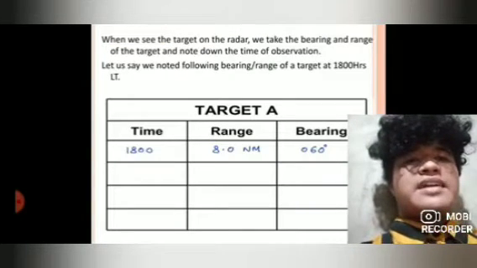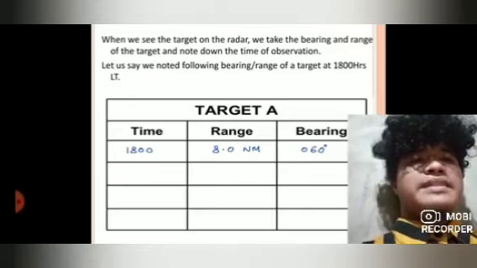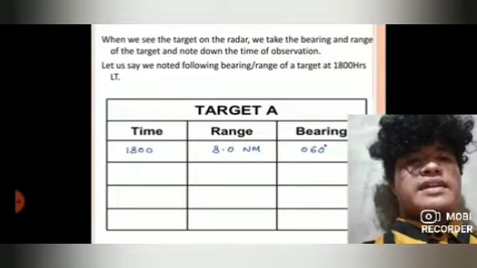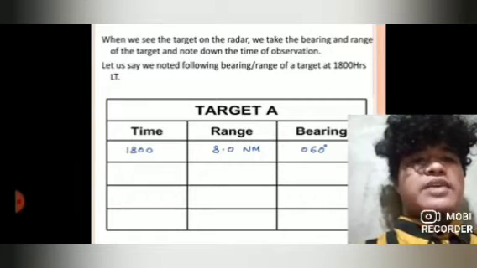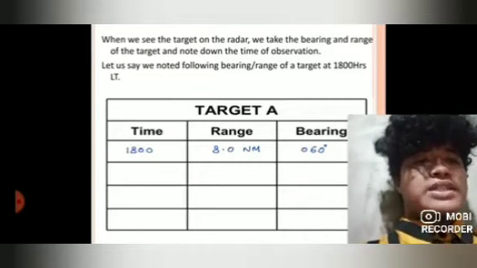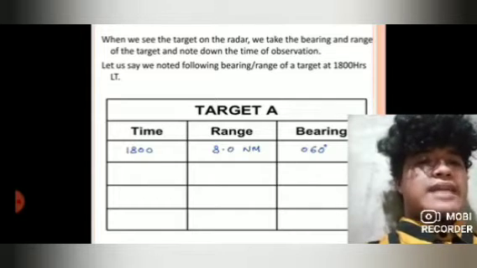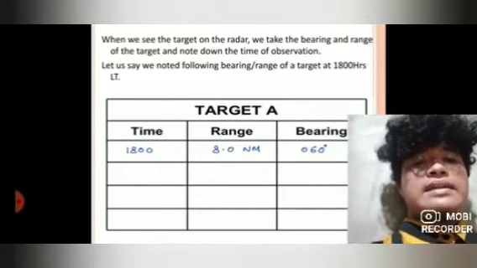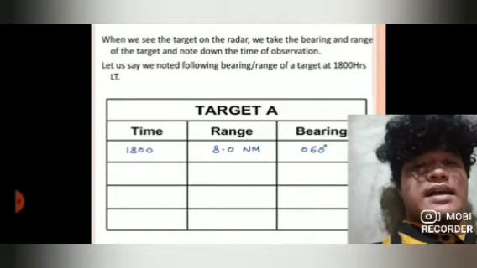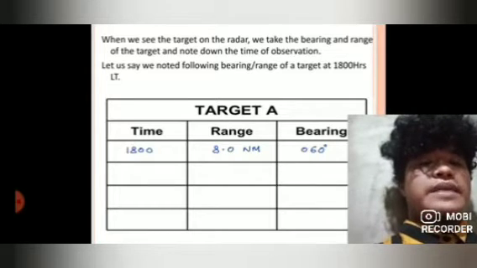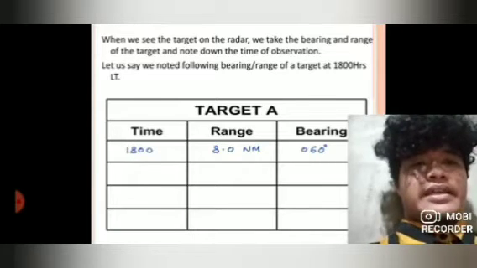When we see a target on the radar, we take the bearing and range of the target and note down the time of observation. Let us say we noted the following bearing and range of a target at 18 hours LT, or local time. Target A: the time is 18 hours, with a range of 8.0 nautical miles and a bearing of 60 degrees.